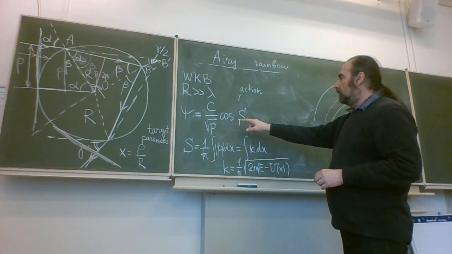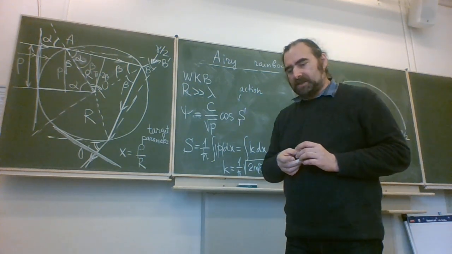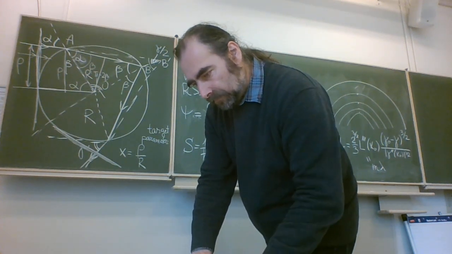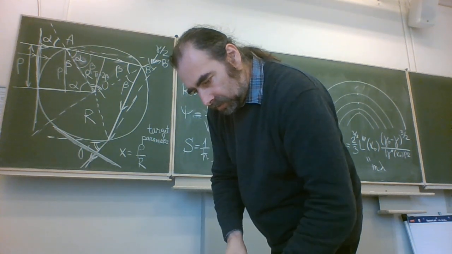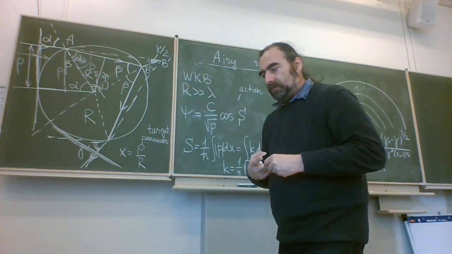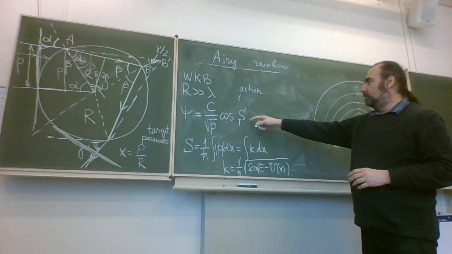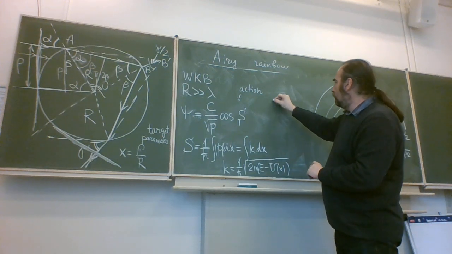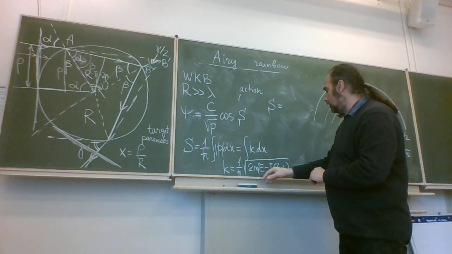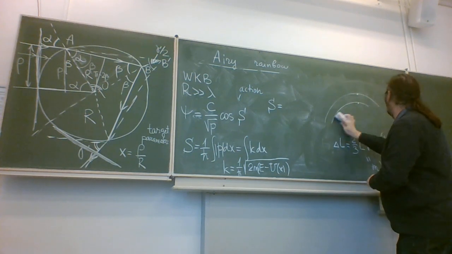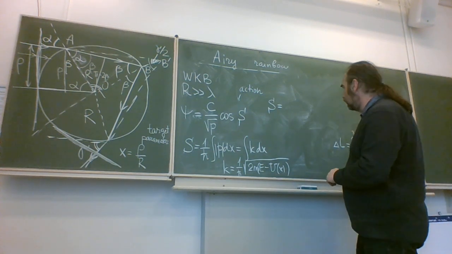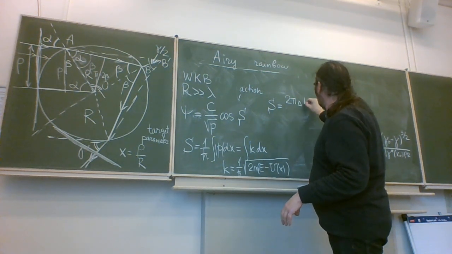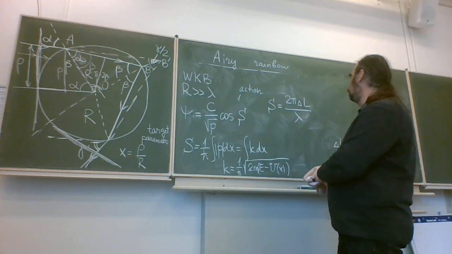Now what is important is how we can write exactly the same thing in optics. We know that maxima, sorry, we know that resonances must correspond to the zero of this action. So the only thing we need to do is to write the action as just 2 pi delta L over lambda.